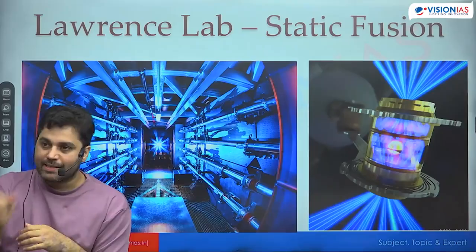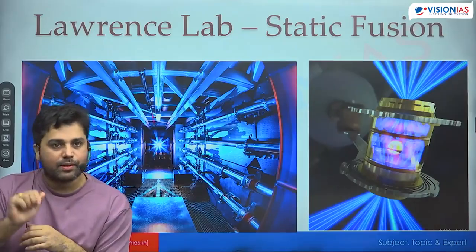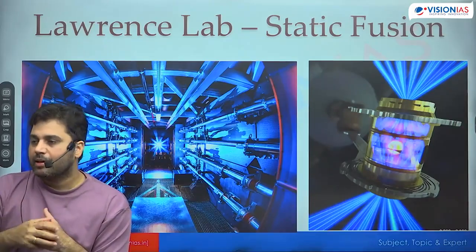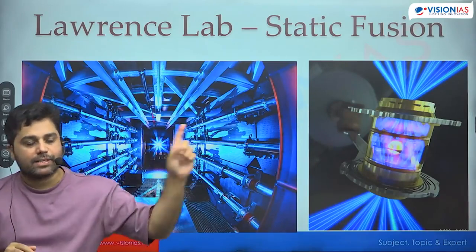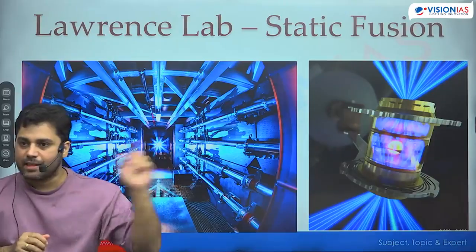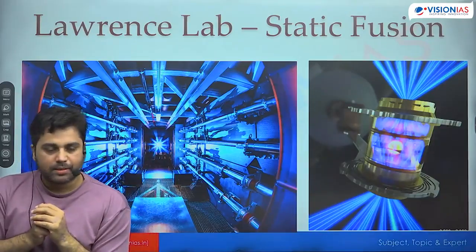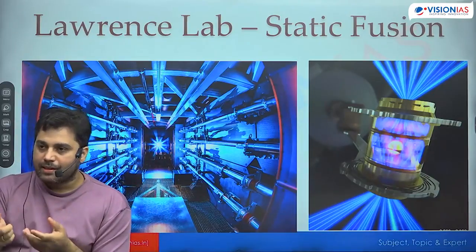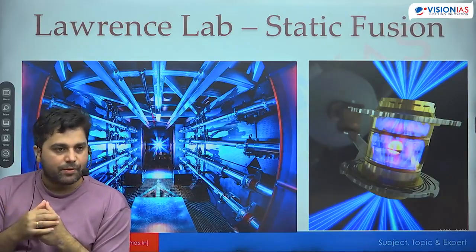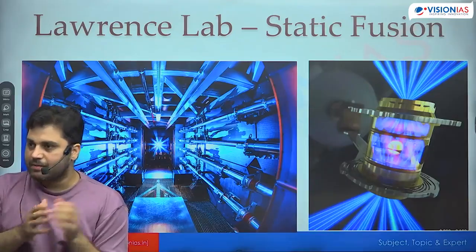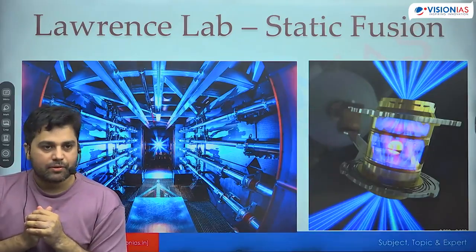But if a country is enriching uranium, then you have to worry that maybe they are doing that for an atomic bomb. Right now there is a lot of allegation against Iran that they are enriching uranium to make an atomic bomb, right? So that is another benefit: you do not have fear of nuclear proliferation if somebody is investing in tokamak or inertial fusion.